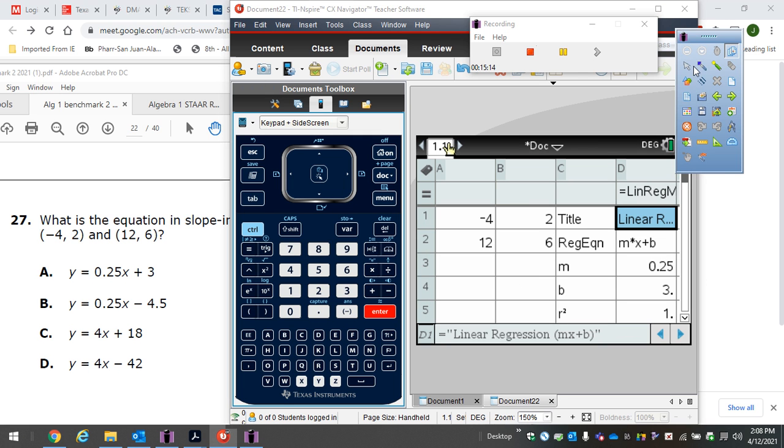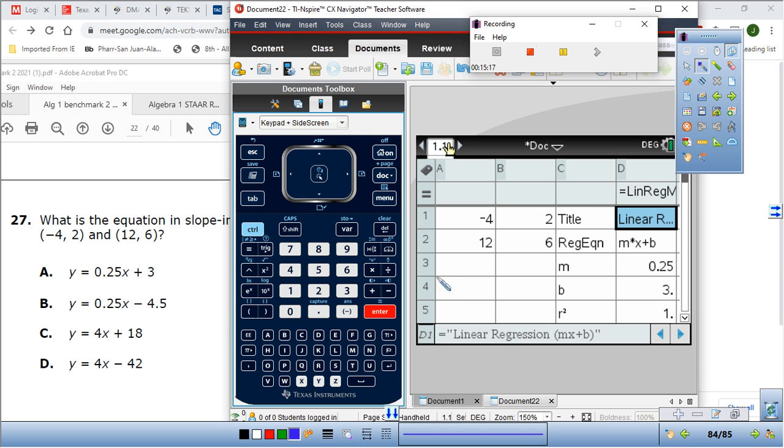So there's my equation right there. Y equals 0.25 x plus 3.